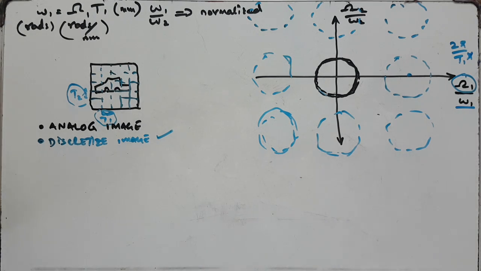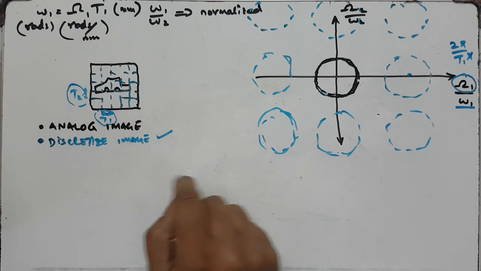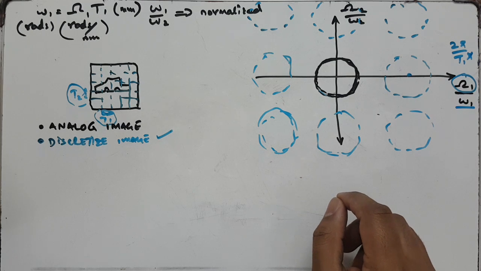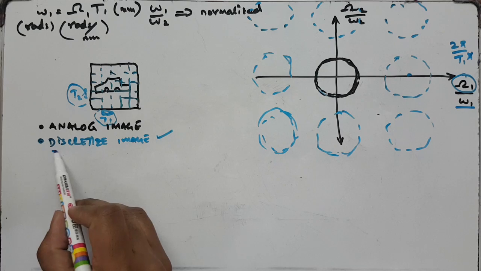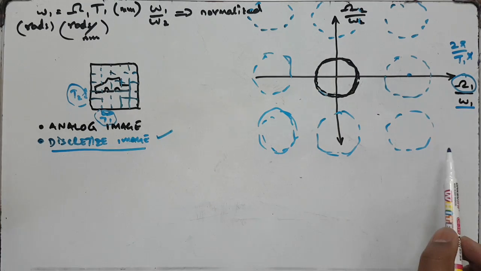So now the important point comes now. Now it is interesting to see what happens in the spatial domain if we sample the Fourier transform of the discrete image. Let me repeat. So this blue thing is the discrete image, and this whole thing is the Fourier transform of the discrete image.